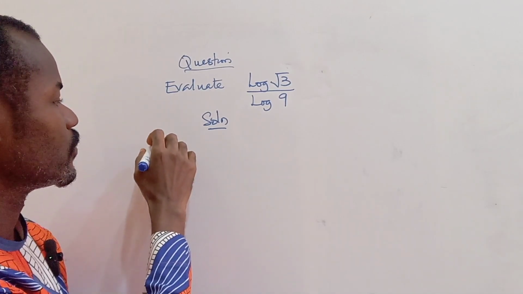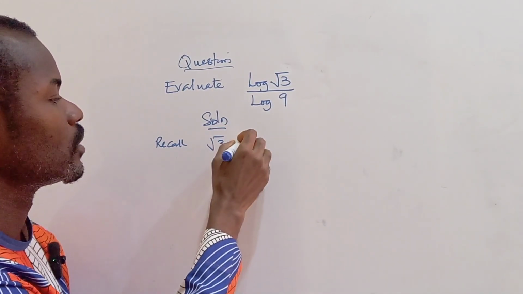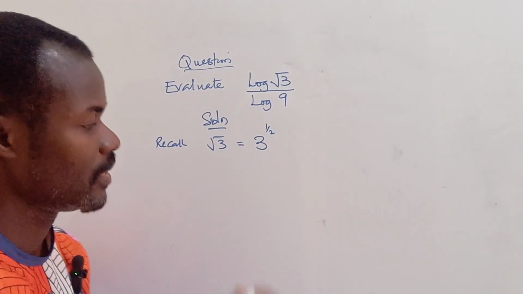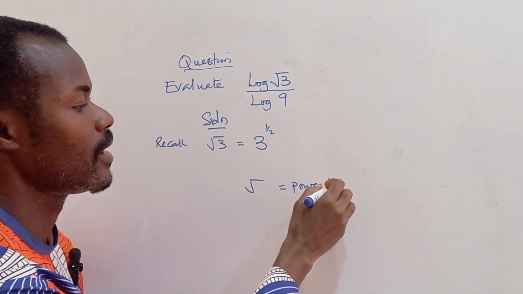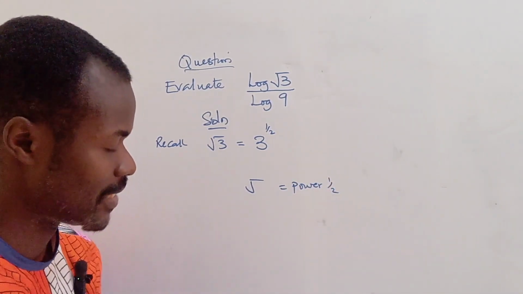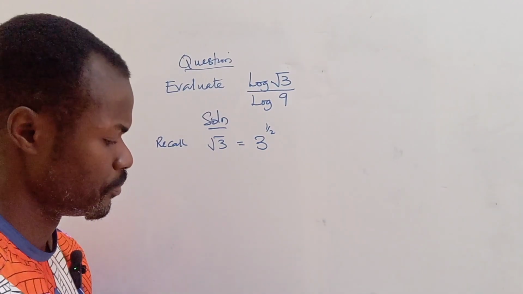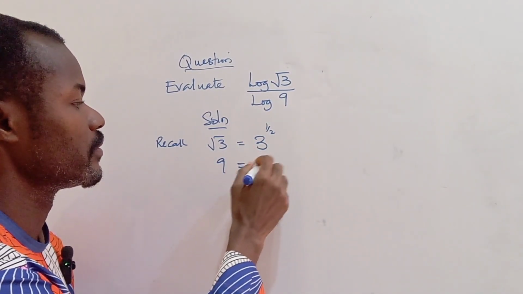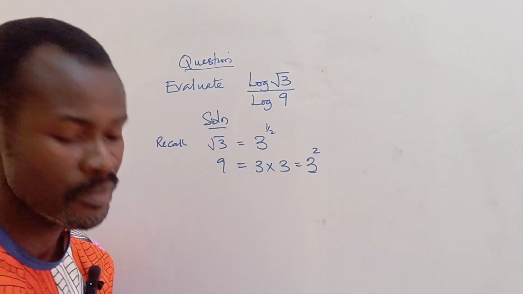Now you have to recall: root 3 means what? 3 raised to the power half. So that's the first thing. The next thing is 9, which means 3 times 3, which is 3 squared.